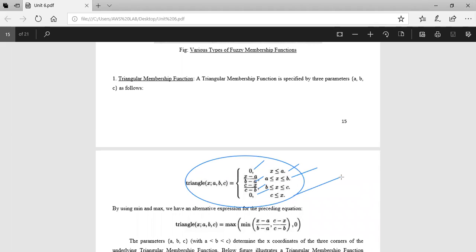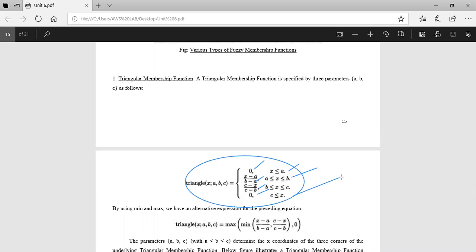If x is less than or equal to a, then 0. In the same way, 0 when c is less than or equal to x. Meanwhile, x minus a by b minus a when a is less than or equal to x less than or equal to b, and c minus x by c minus b when b is less than or equal to x less than or equal to c. So this is the equation for the triangle membership function.